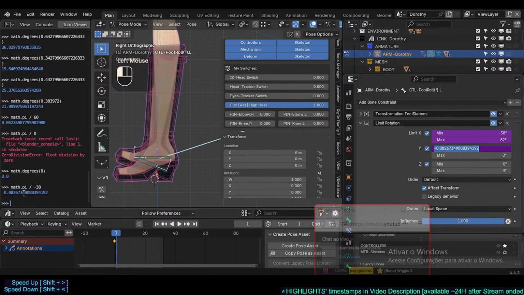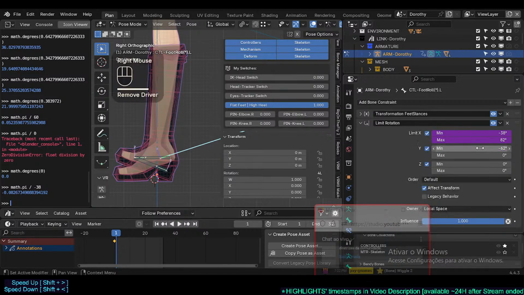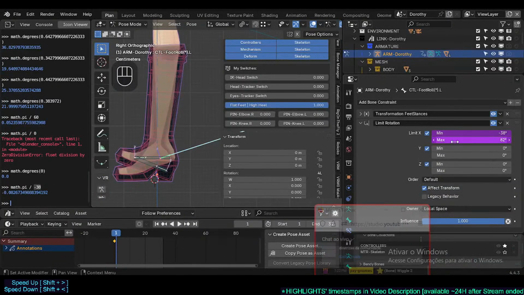Yeah, already this is wrong. So I need to find the, okay, we've got this. So this will be 0.